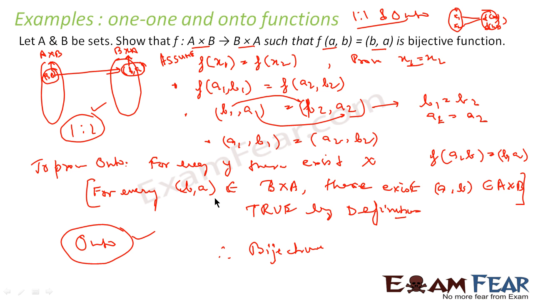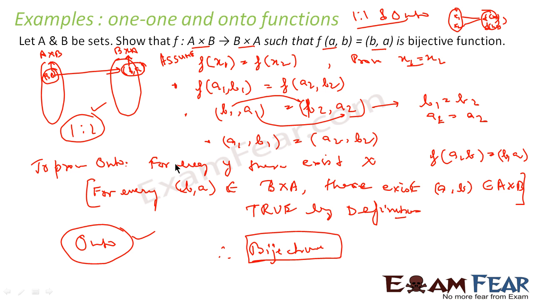Right? The function is injective, one-one. The function is surjective, onto; sur means there is no orphan. And since it is injective and surjective, it is bijective. Please pay attention here, a little tricky question.